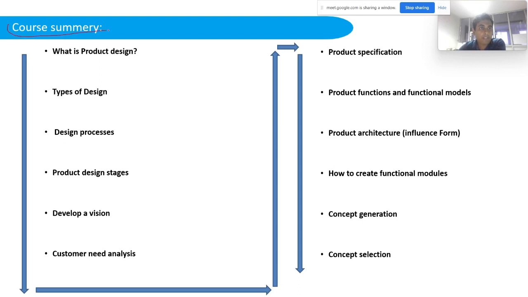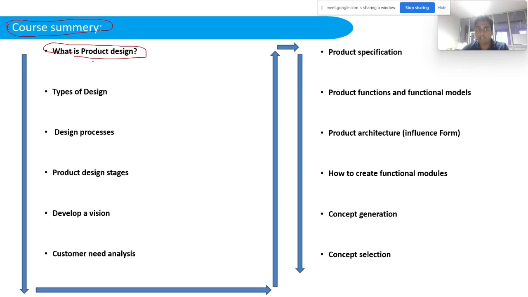Let me first give a brief overall course summary, and if you have any doubts in between, please feel free to ask. You can use the mic or the message box to ask me any questions whenever you want to clarify some doubts. Okay. So in this particular course, we try to define what product design is.